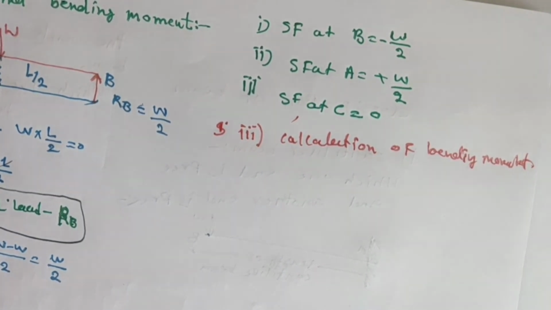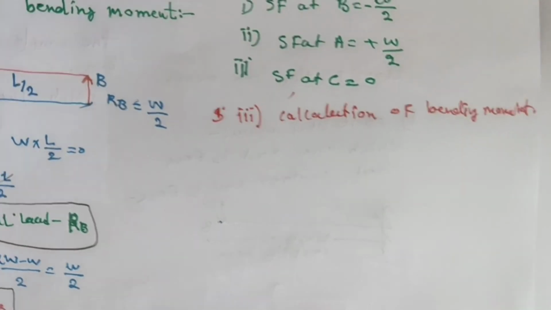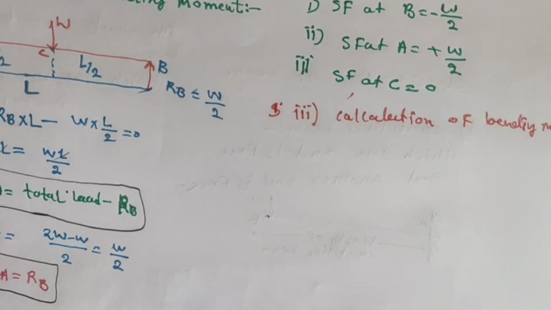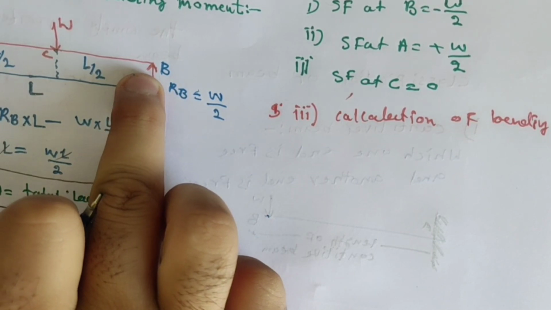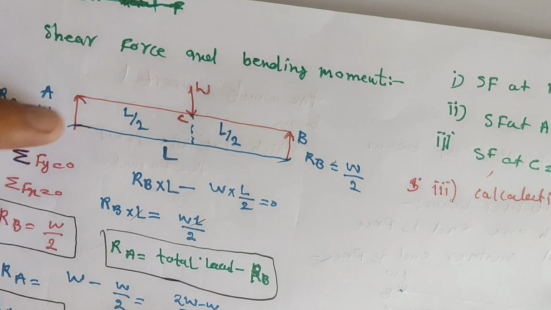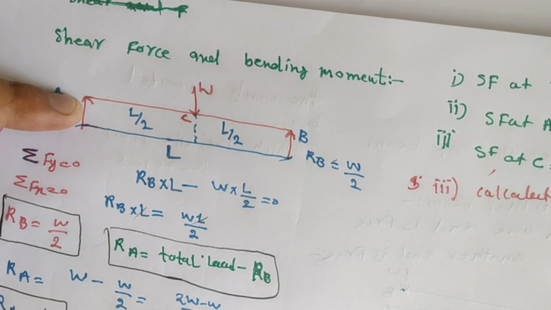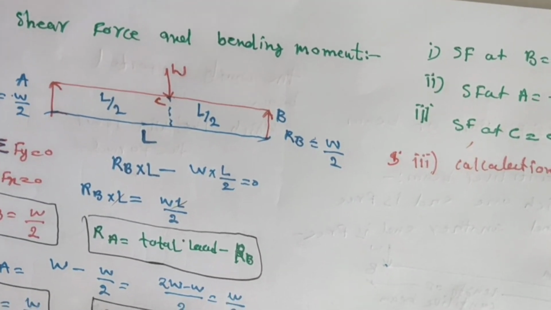Now look at here, dear friends. Please remember this point. At the support the bending moment will be 0, at A and at B. But why? Because there is no force that exists. The definition of bending moment, force into distance, is called bending moment. That's why it will be 0.